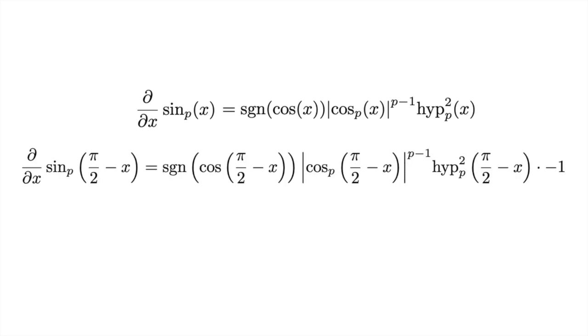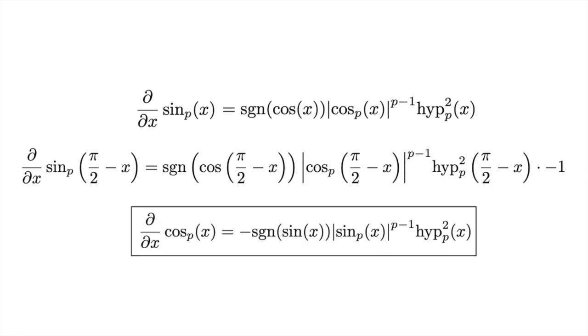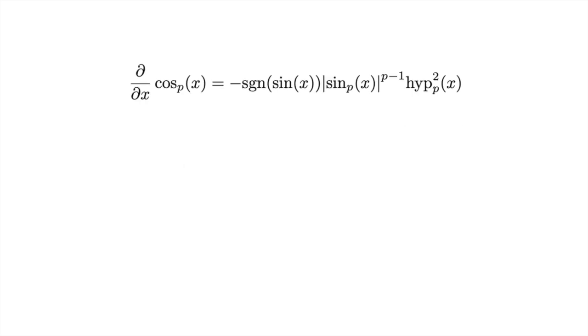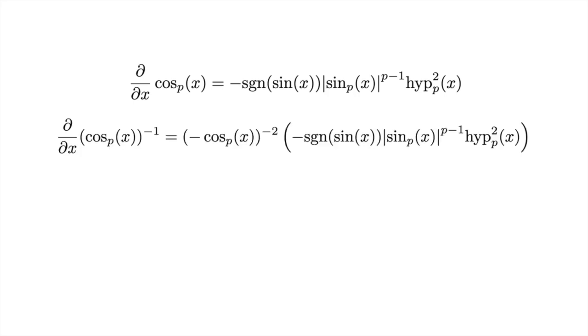We can plug a pi over 2 minus x into sine base p and rewrite the derivative like so, with a negative 1 tagged on because of the chain rule. Once simplified using reflectivity, we get cosine base p's derivative, which replaces the cosines with negative signs. Using cosine, we can find the derivative of secant base p by referring to secant base p as cosine base p to the negative 1.